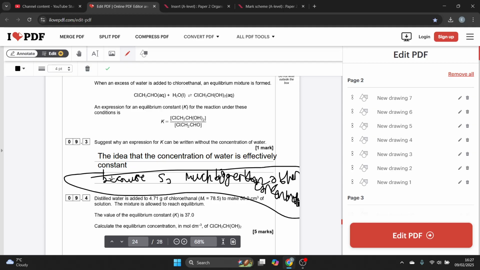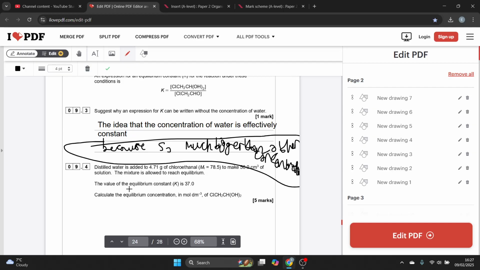Then it says distilled water is added to this much chloroethanol to make this much solution. The mixture is allowed to reach equilibrium. The value of the equilibrium constant K is that. Calculate the equilibrium concentration of this. So the first thing I would do is rearrange it.